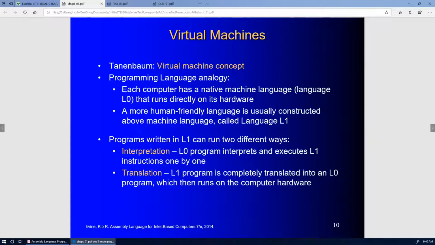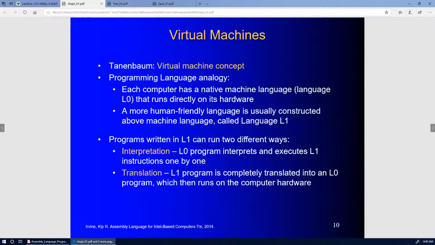We have level 0 languages, which are native machine code, and human-friendly languages we might call level 1 languages. Level 1 languages need to be converted to level 0, because that's how the machine is able to execute the program.